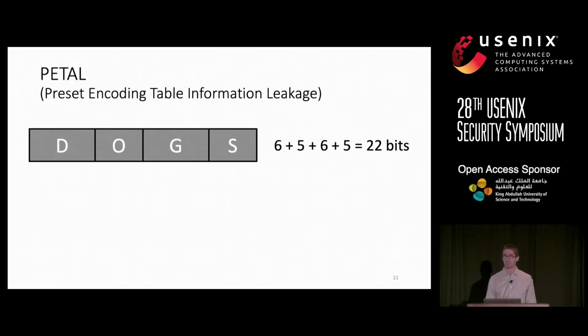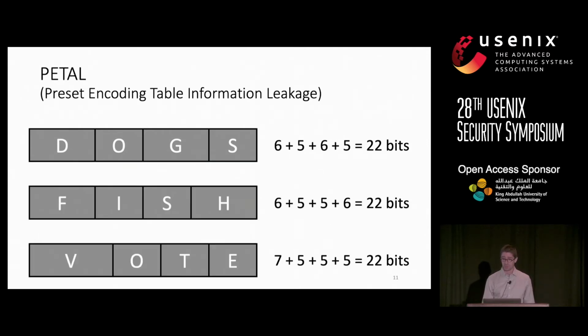So this doesn't really tell us much about what that string is. That's because that 22 bits is just some linear combination of symbols in the encoding table. So we know just that the compressed symbols have to add up to 22 bits and not much else. So this doesn't leak much information.